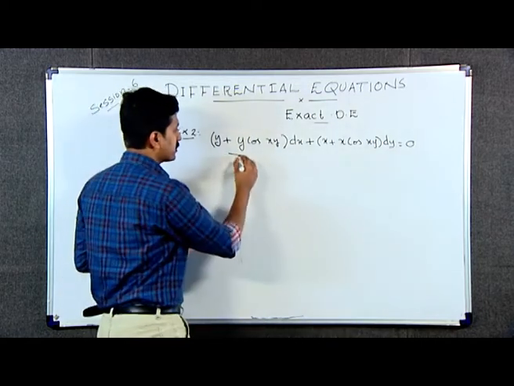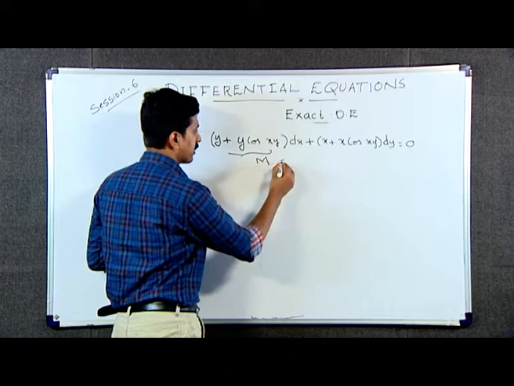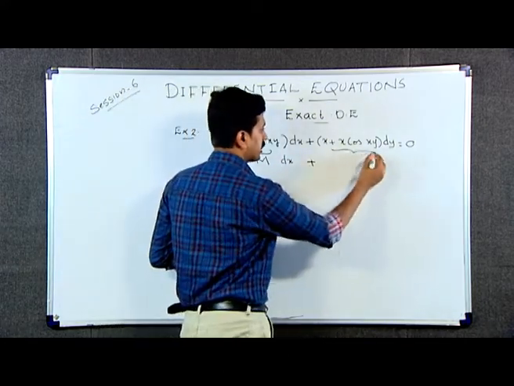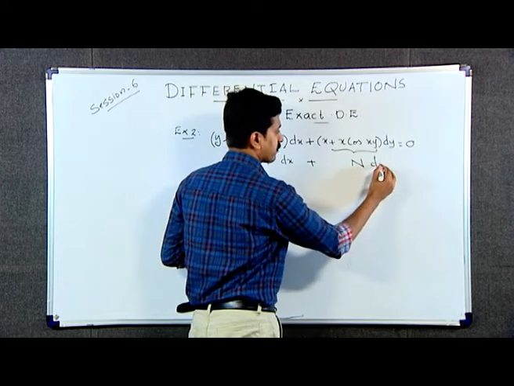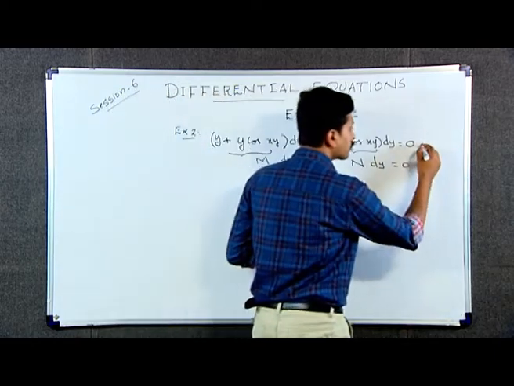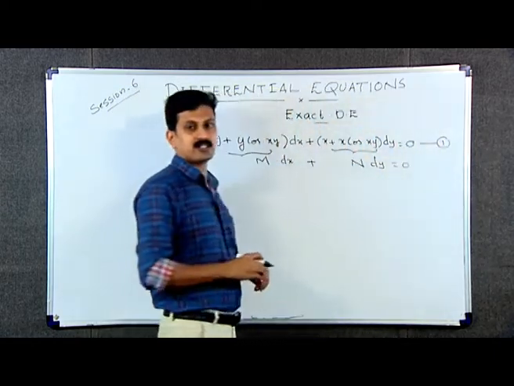As we discussed earlier, this stands for M, so our equation is of the form M dx plus N dy is equal to 0, and this stands for N. We have to solve differential equation 1.